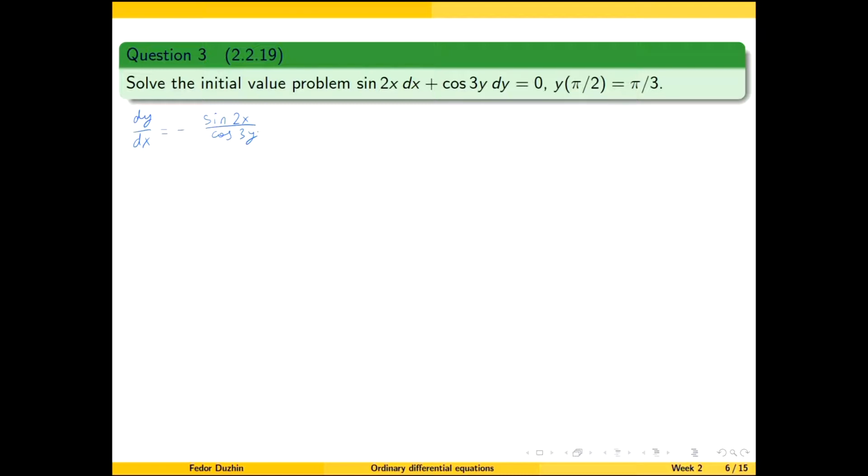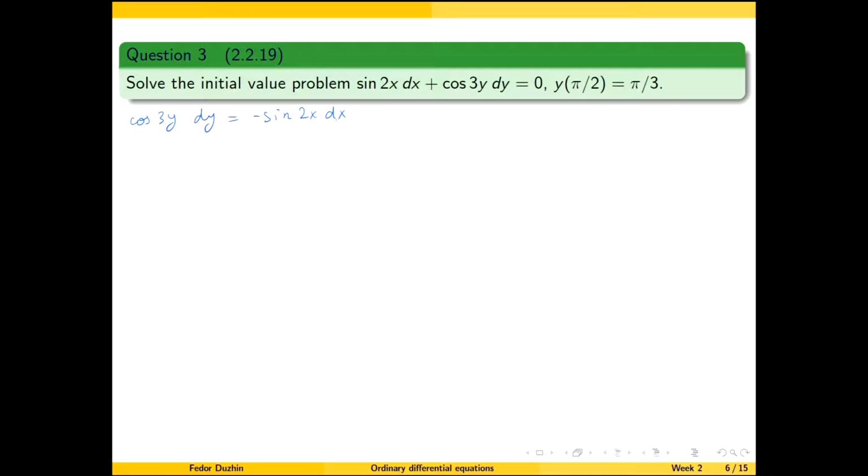However, if we just want to follow the method of separating variables and integrating, then we should probably rewrite it as cosine 3y dy equals minus sine 2x dx.